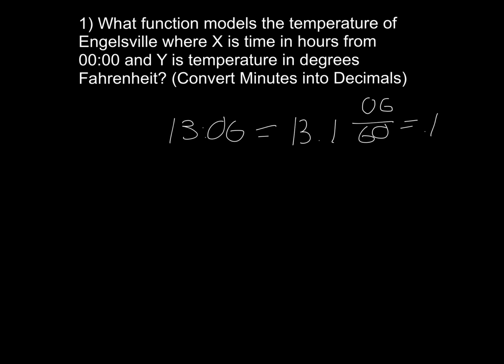And the minimum temperature of 58 degrees is at 0106. So this would be 1.1 as well, because it's 6 over 60, same thing, 0.1.